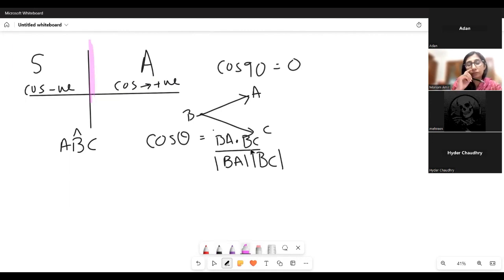Now, if the vectors are perpendicular, then what will be the answer of this dot product?